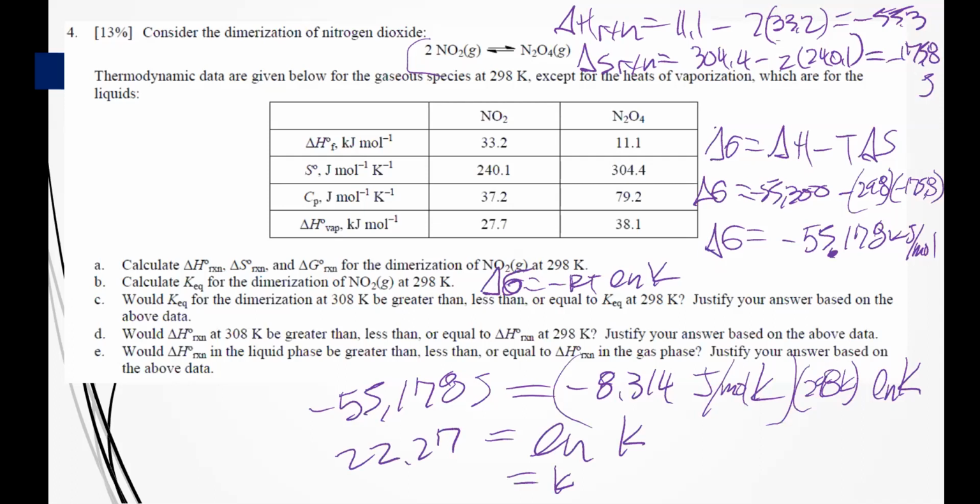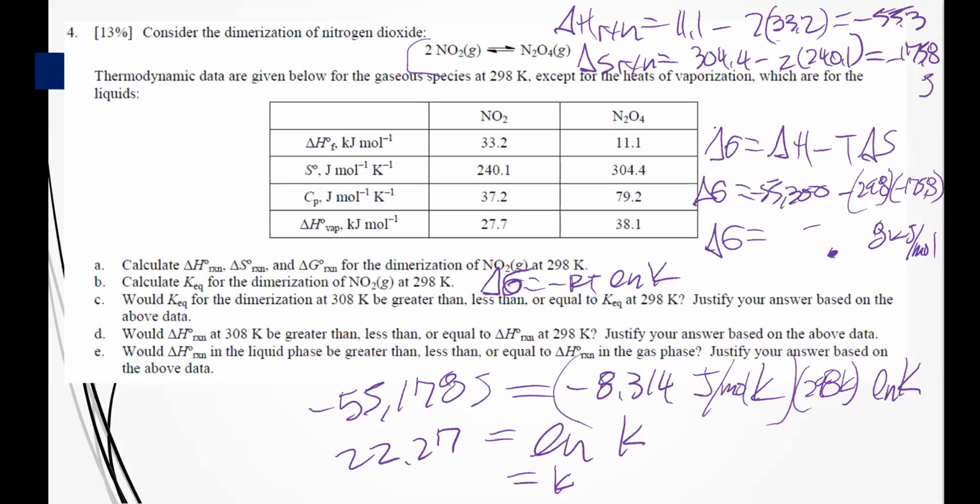Hold on. Yeah, I think I might have made a mistake somewhere. Let me double check my math on this. No, hold on. So we have 55,300 plus 298 times 175.8. Yes, there we go.